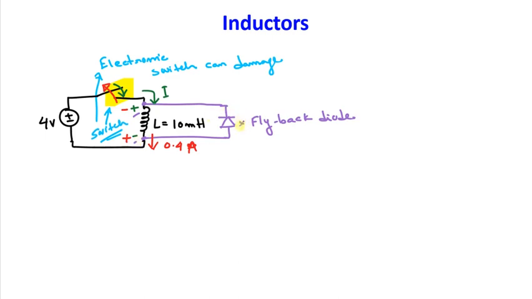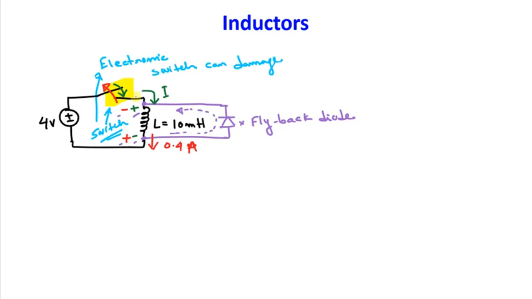So the diode was in reverse bias, and no current was flowing through it. But when the back EMF is produced, the polarity changes, and the diode becomes forward biased and provides a path for the current to flow. Thus we can avoid the inductor kickback.